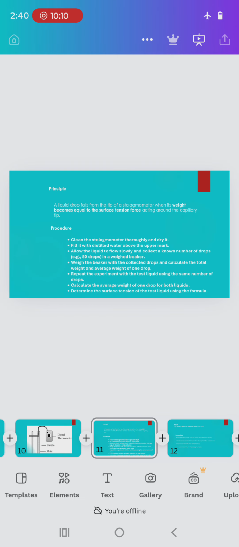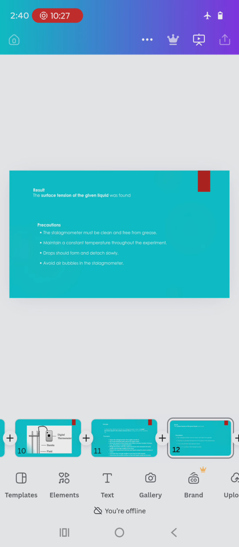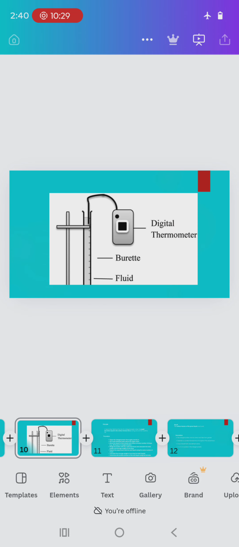The principle: a liquid drop falls from the tip of the drop weight apparatus when its weight becomes equal to the surface tension force acting around the capillary tip. This diagram represents the burette fully filled with the fluid. This is the digital thermometer.